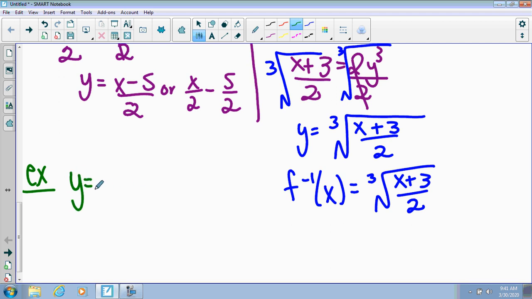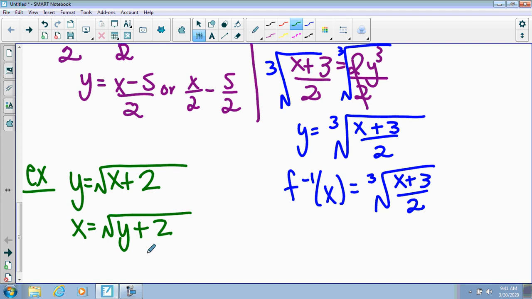Let's go with y equals the square root of x plus 2. So remember we want to switch our x and our y first. So x equals the square root of y plus 2. Now if you're trying to get y by itself, you've got to get rid of that square root sign first. So how would we get rid of our square root sign?